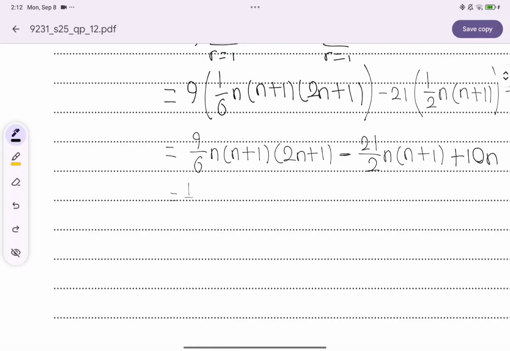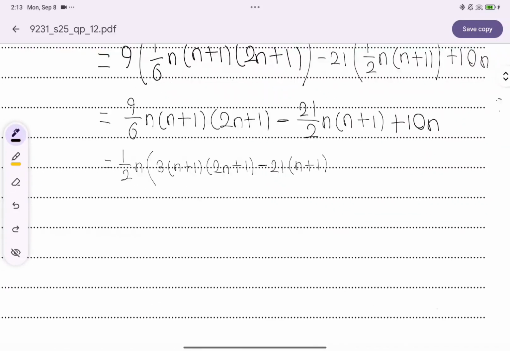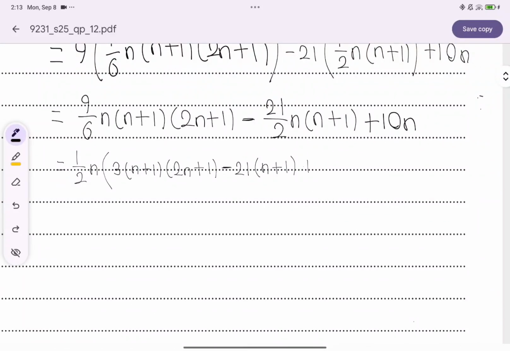So we'll factor out half n from the whole expression, then we'll get 3 times 9 plus 1 times 2n plus 1 minus 21 times n plus 1 plus 20.